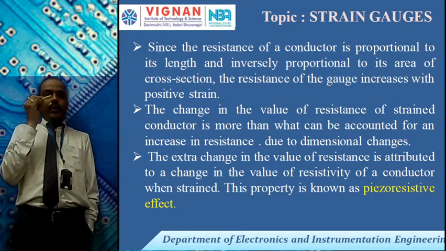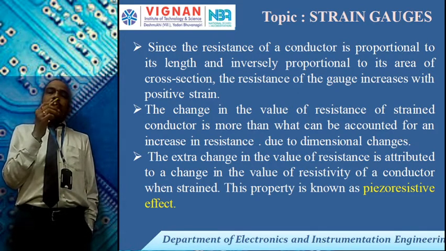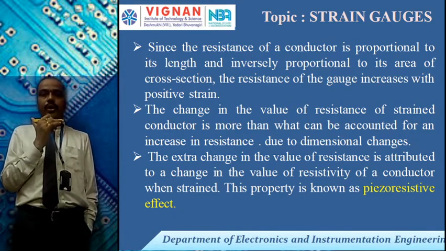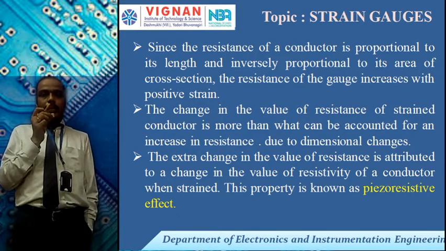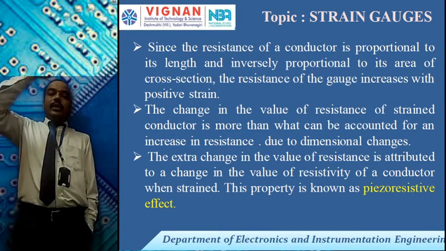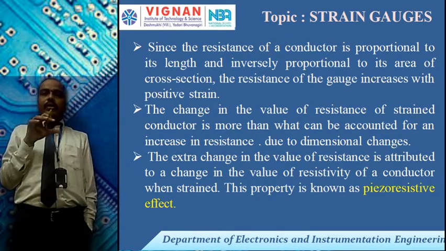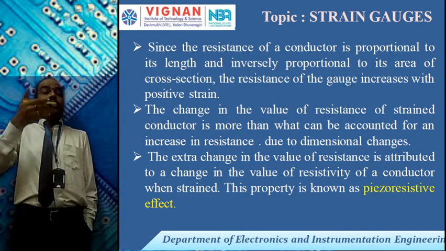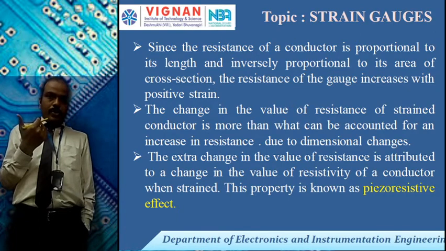So we can conclude that the resistance of any conductor is changing due to change in length, due to change in lateral dimension, that is the diameter, and also there is an extra change in resistance due to resistivity. So that is actually the property of a strain gauge. By measuring the change in resistance, we can estimate the amount of strain that occurred.